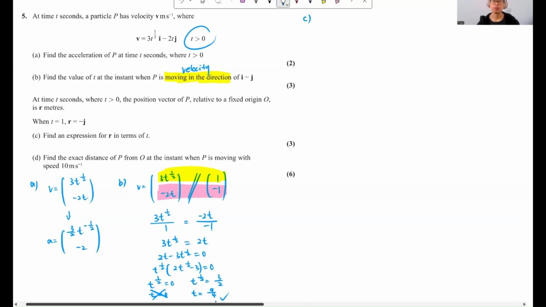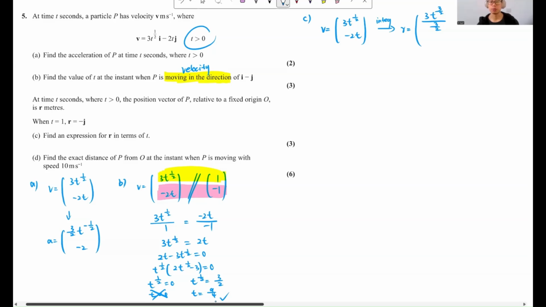So we have the velocity vector, which is 3t to the power 1/2 and then minus 2t. If you're looking for the displacement, you just have to integrate it to get the position vector. So when you integrate 3t to the power 1/2, you add 1 to the power, and you divide by the new power.